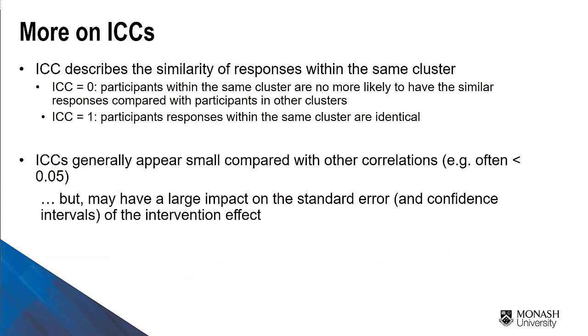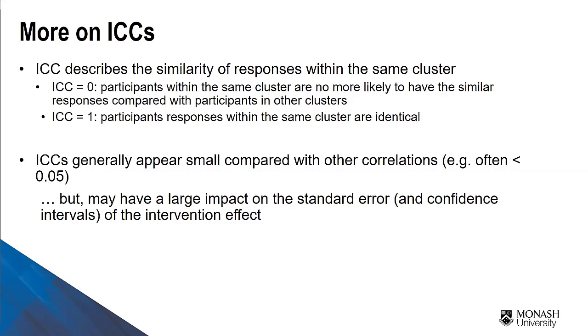So more on this ICC metric. What does this really mean? Well, the ICC describes the similarity of responses within the same cluster. If the ICC is 0, then participants within the same cluster are no more likely to have similar responses compared with participants in other clusters.